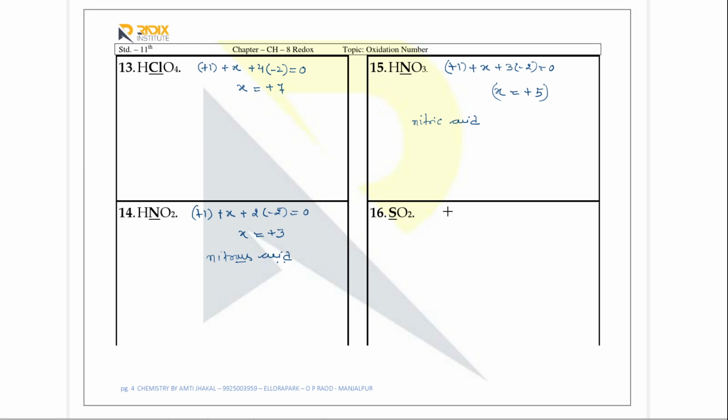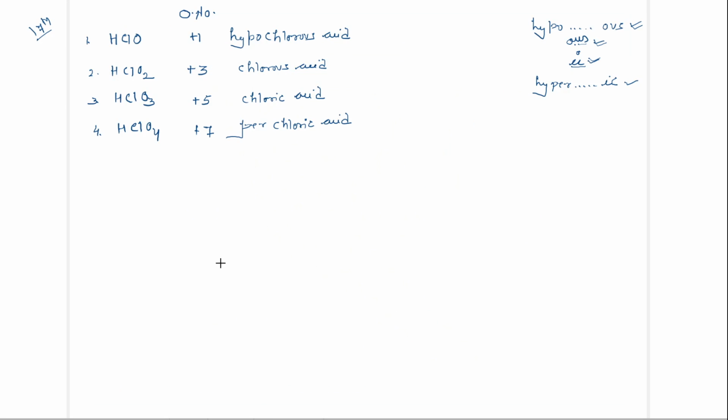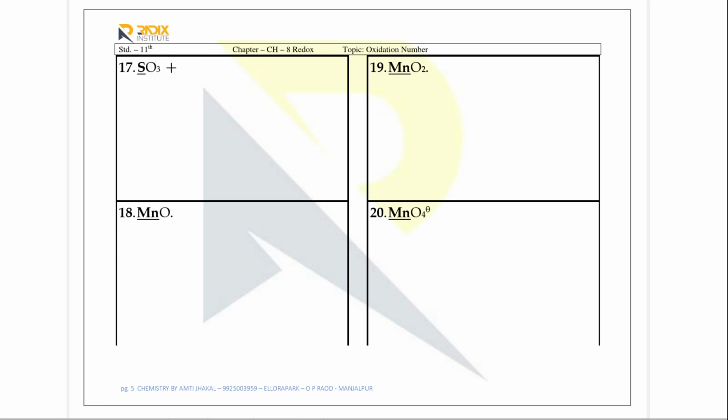Now sulfur oxidation state in this: X plus 2 into -2 is equal to 0. So X is equal to +4. And sulfur: X plus 3 into -2 is equal to 0.